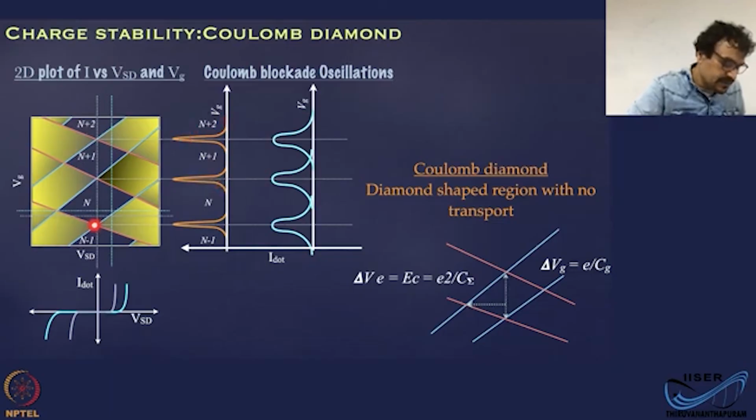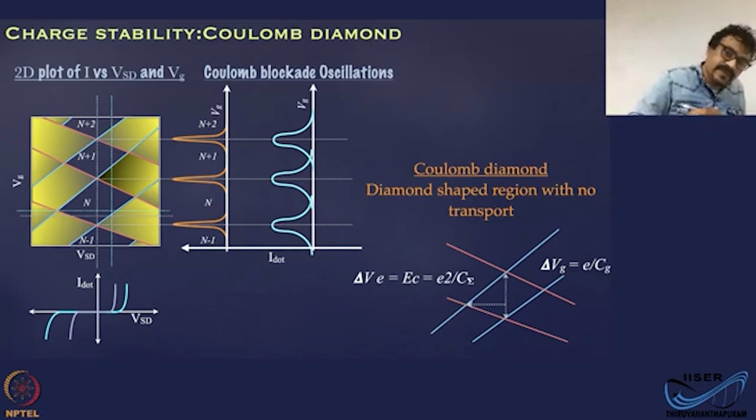So at these points where two charge states meet, n and n minus 1, n plus 1 and n plus 2, and n plus 1, they have the same energy because the parabolas cross, you get a peak in the current. If you apply a slightly larger bias, the same thing will happen, but the current can start flowing from here itself. Okay, that means you will get a broader peak, but with the same periodicity.